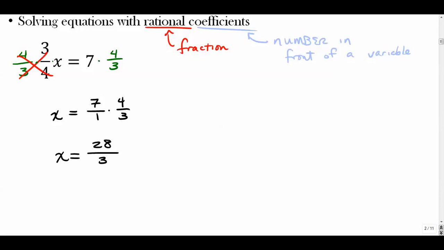If I did do that, of course, it's just division. 28/3 goes in I think 9 times, so that would be 9 1/3, which is 9.3 repeating. These are equivalent, but in most of our equations, if you get an improper fraction, just leave it like that.